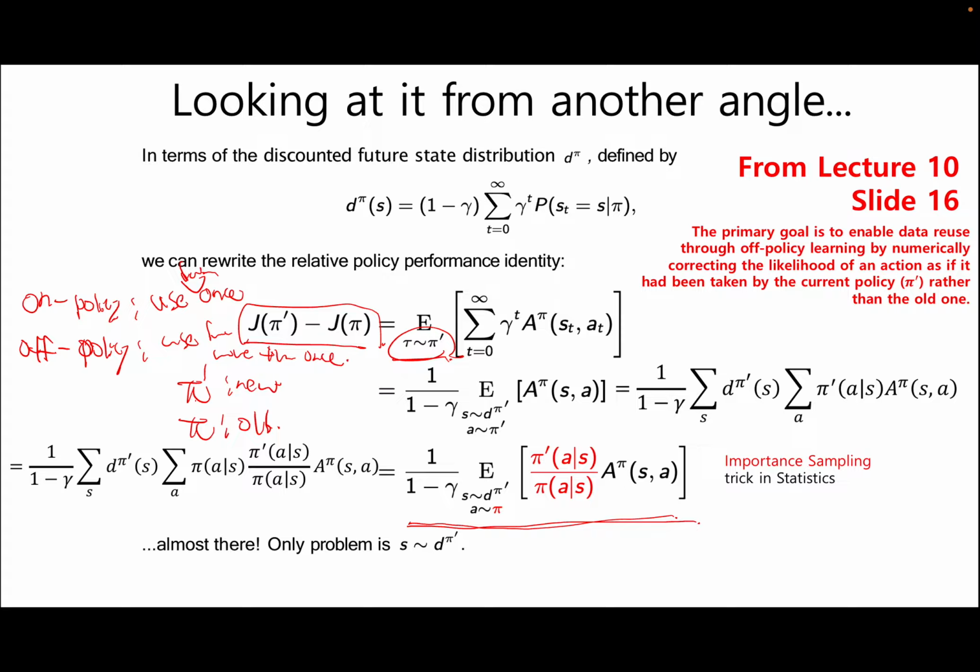On policy, let's say we have some data from a trajectory and then we update the weight of our policy function only once, and then we do not store such data. For example, we learned the replay buffer, right? In on policy, we do not use a replay buffer. Just use that data only once and then discard it. That is on policy. But as we learned, that is data inefficient, right?